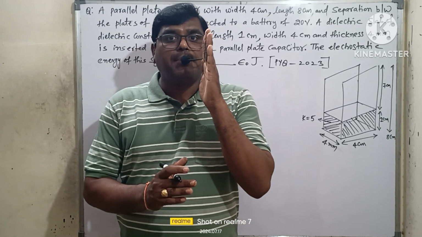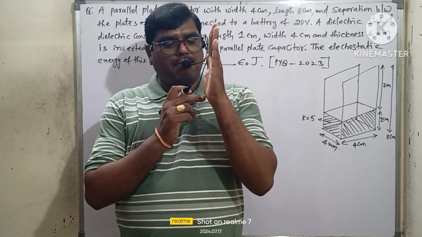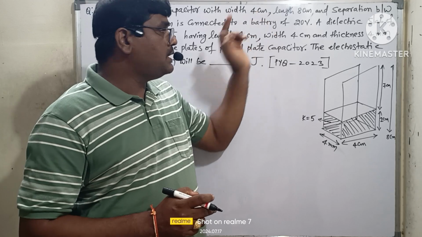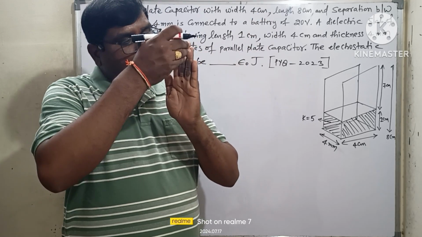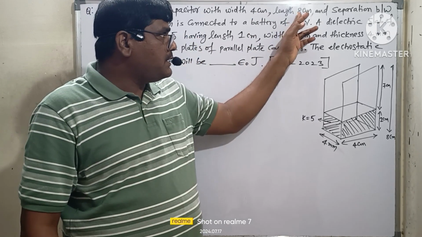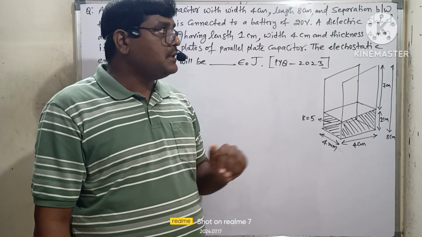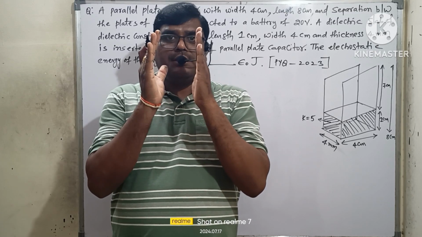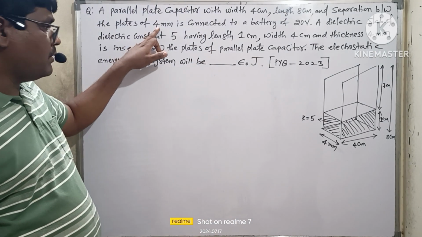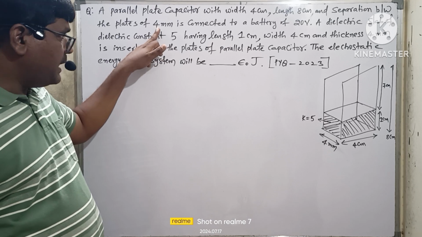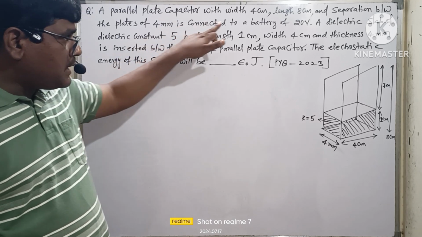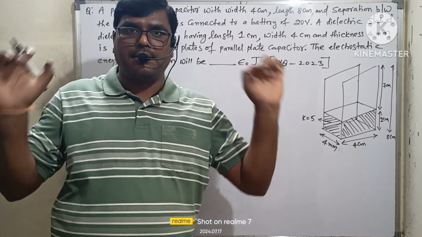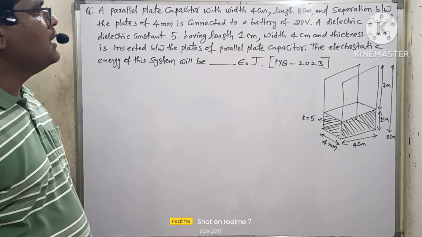The width of this plate is given as 4 centimeters and the length of this plate is given as 8 centimeters. Separation between the two plates is given as 4 millimeter. Then this capacitor is connected to a battery of 20 volts.